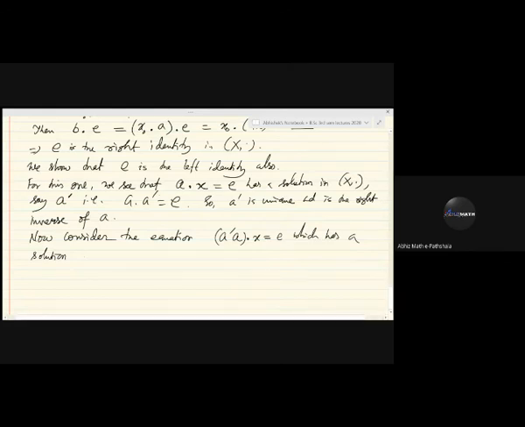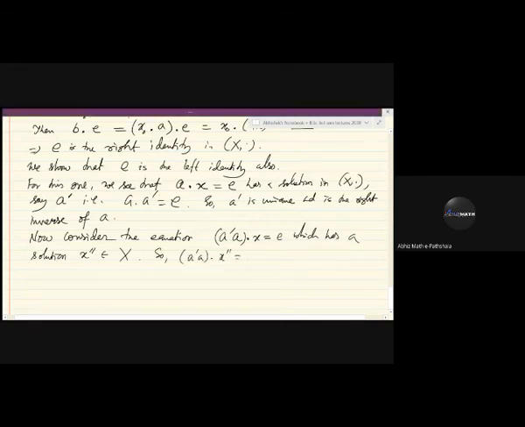Suppose it is x double dashed belongs to x. So a dashed a dot x double dashed equal to identity.